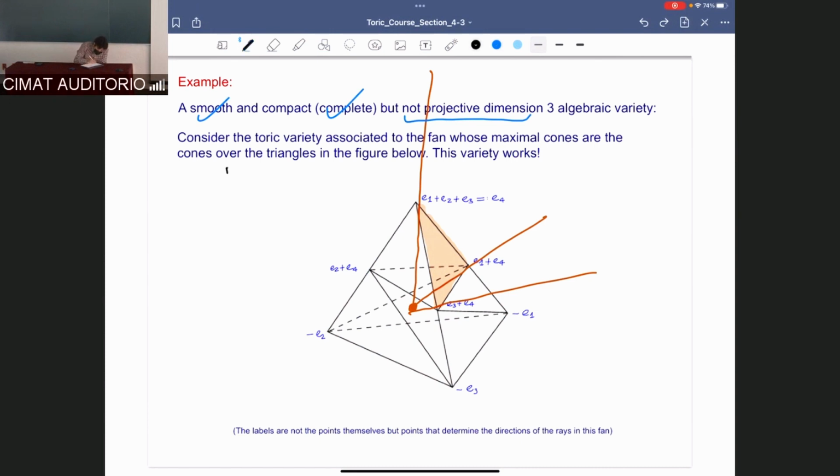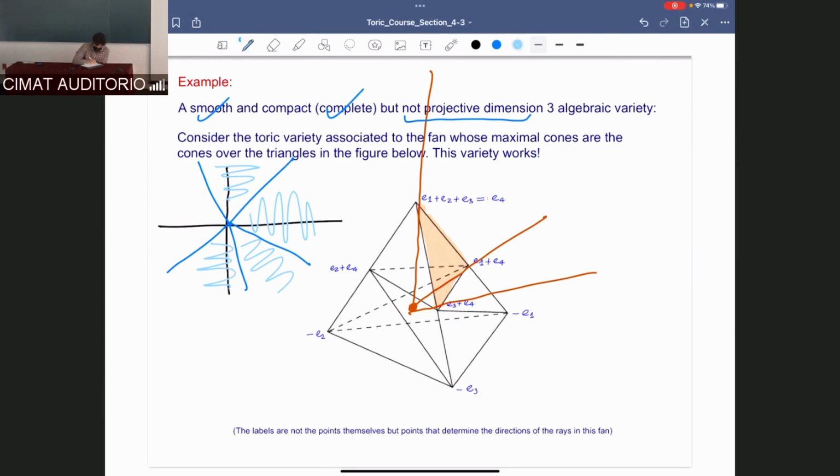Say that I am in R2, and you give me a fan looking like this. These are the rays. And then the cones are like these ones over here. Let me use some lighter color for those guys. So the cones are like this. This guy, and this guy, and this guy.